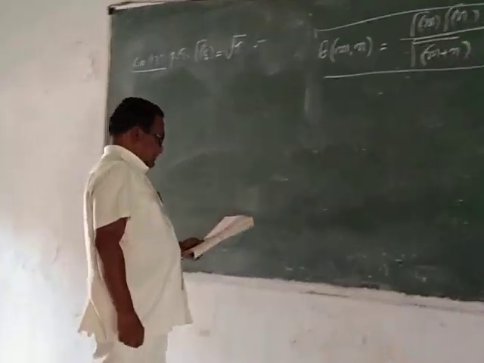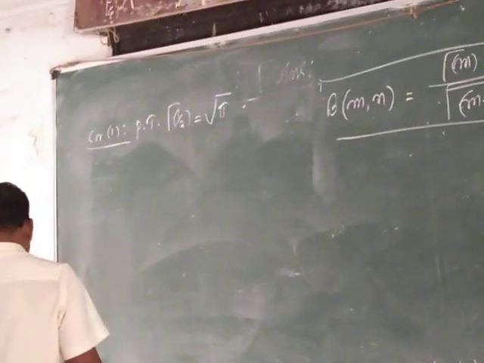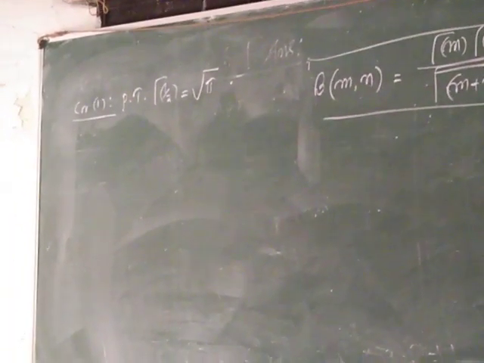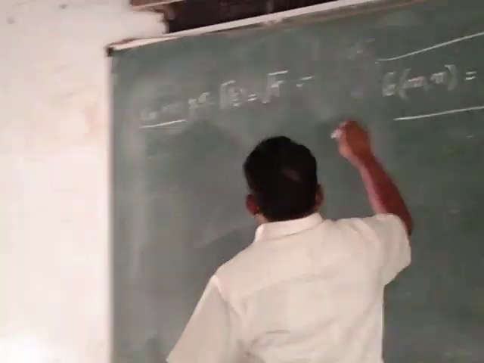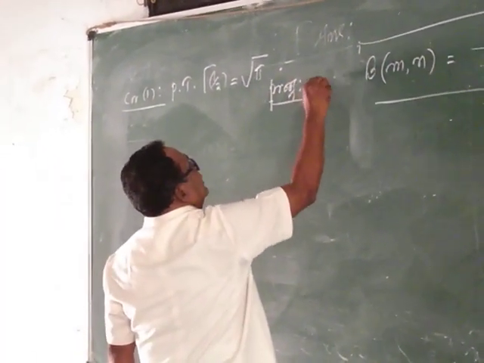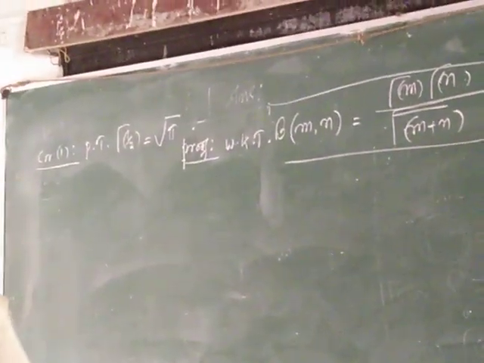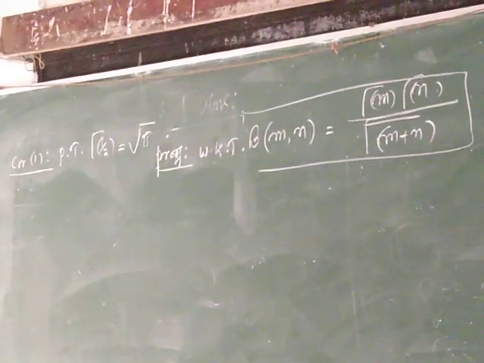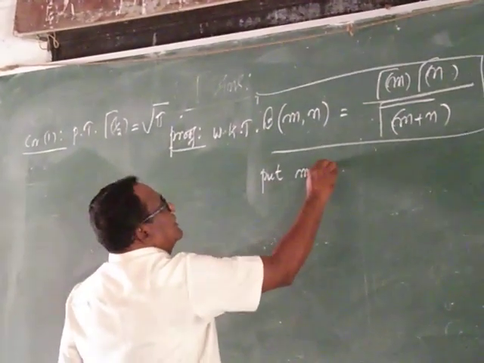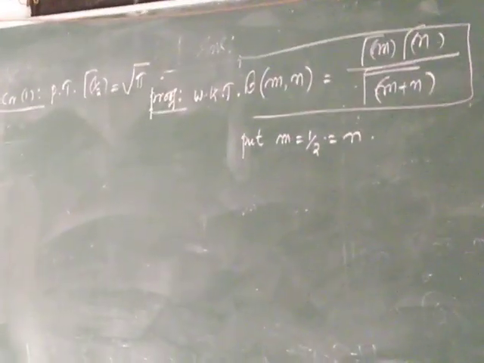In order to prove this, by beta m, n is equal to gamma m into gamma n divided by gamma m plus n, you put m is equal to half and also n is equal to half.